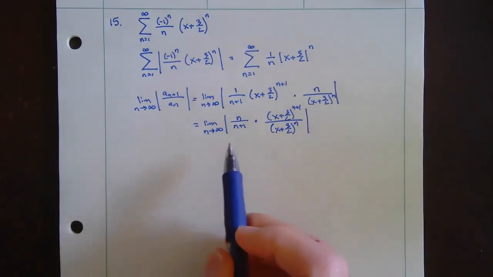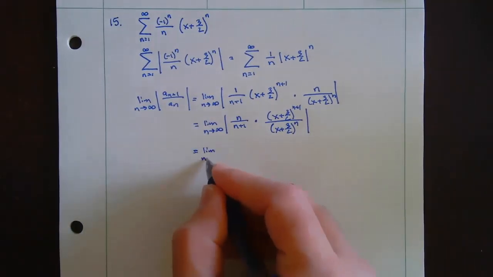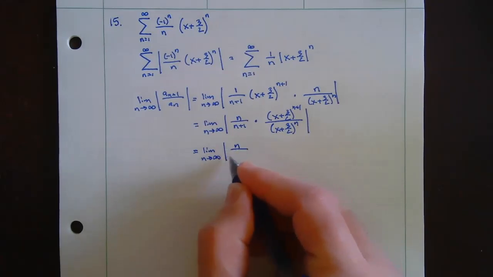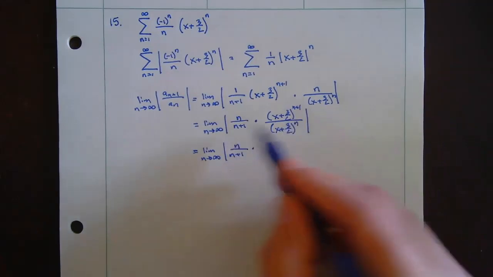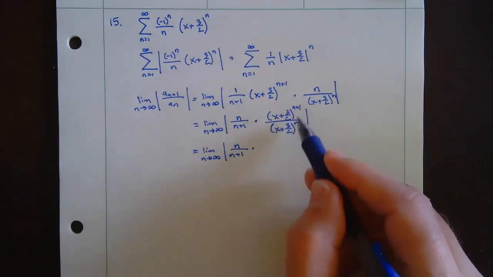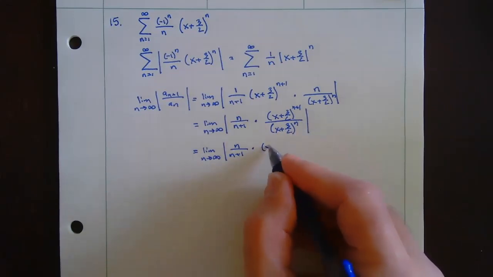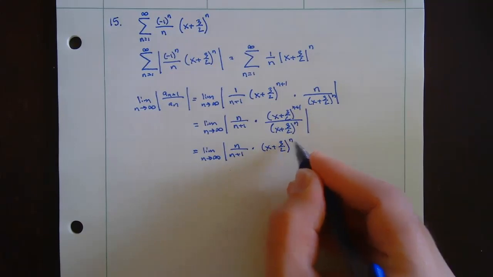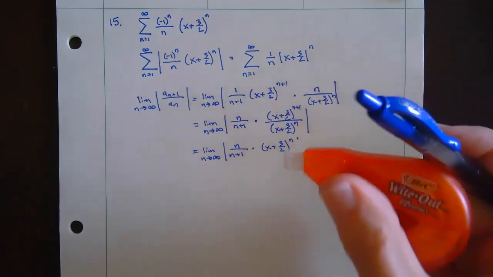Now I'm going to hold off on taking the limit, because I want to simplify this. The exponents give n plus 1 minus n, so it's just (x plus 3)/2, not x plus 3 raised to the n.